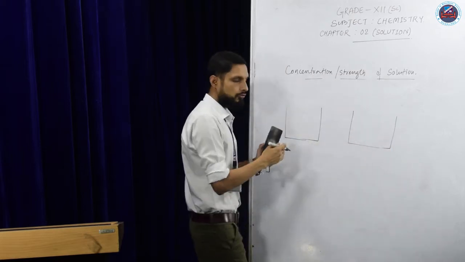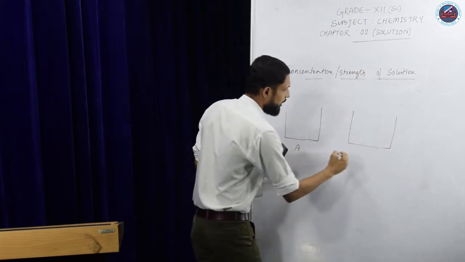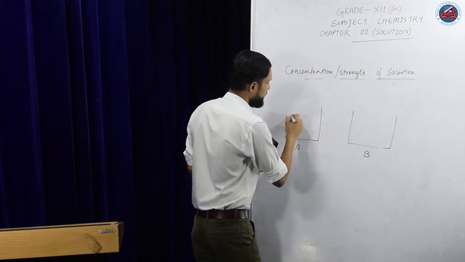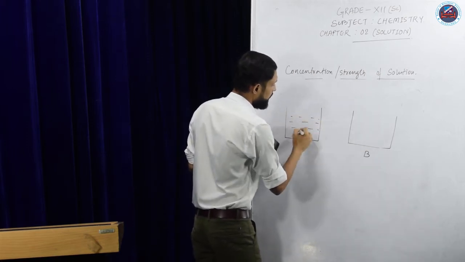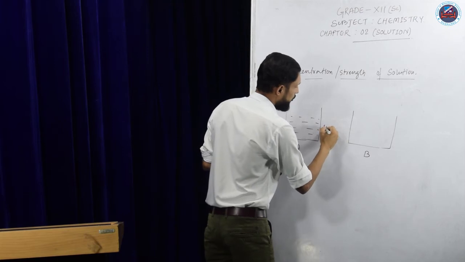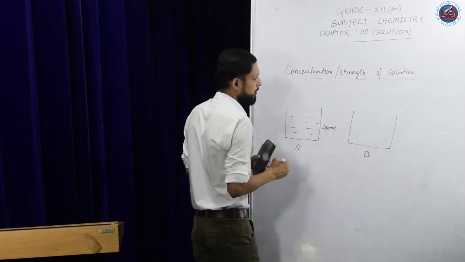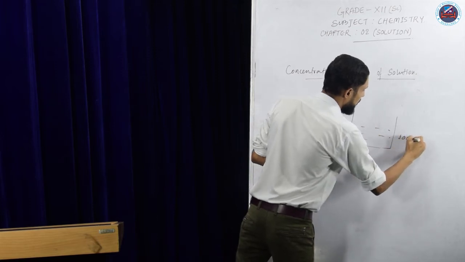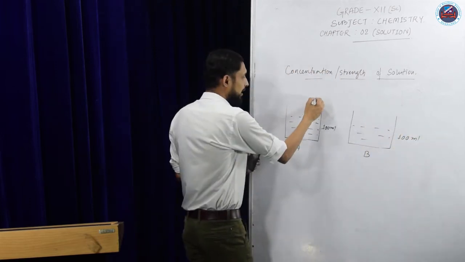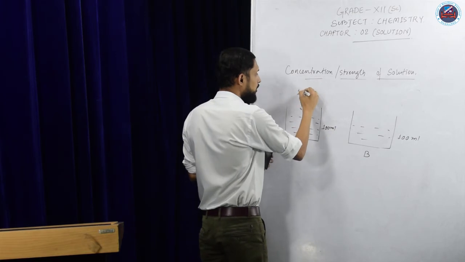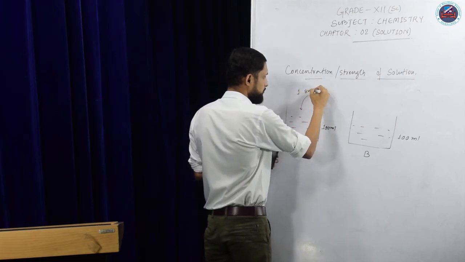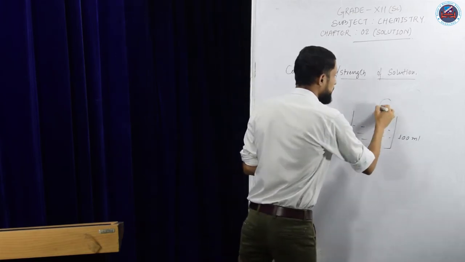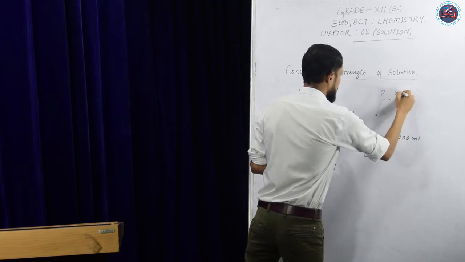you have taken two different glasses, say this is glass A and this is glass B. In glass A, say you have 100 ml water. In glass B, also you have 100 ml water. Now in glass A, you add 1 spoon sugar. Whereas in glass B, you add 2 spoons sugar.